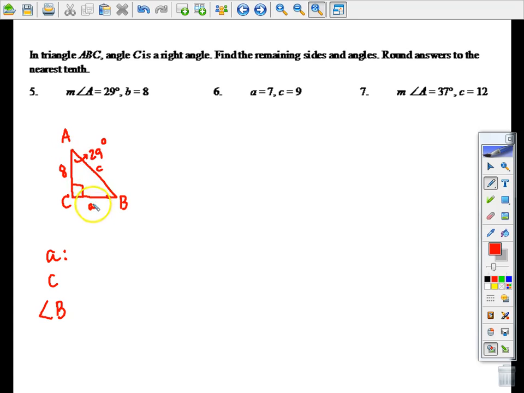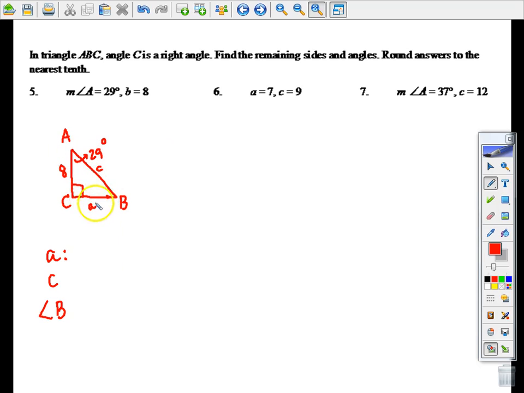It's opposite this angle that we know as 29 degrees, and we're given the adjacent side for angle A. Okay, so let's think about the trig ratio that involves opposite and adjacent. If you recall, that's the tangent ratio.